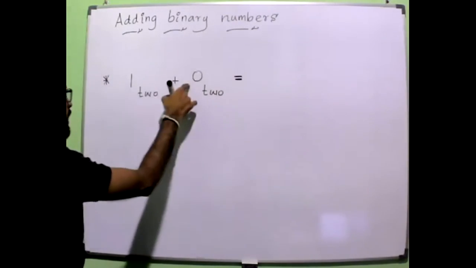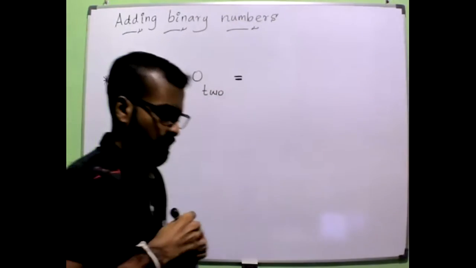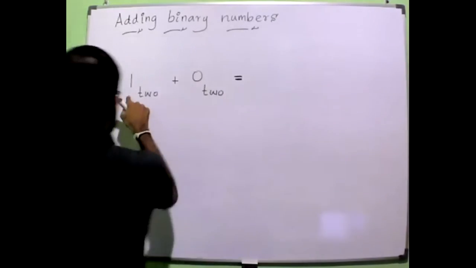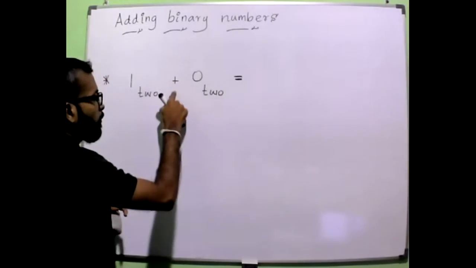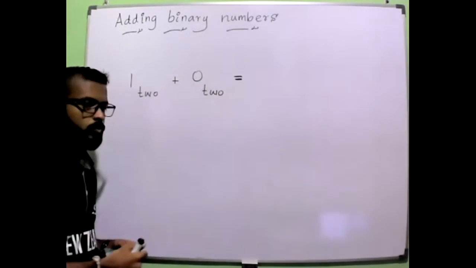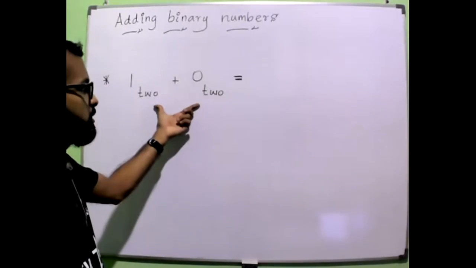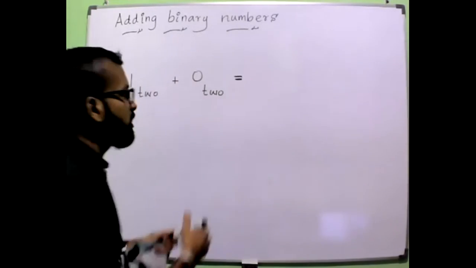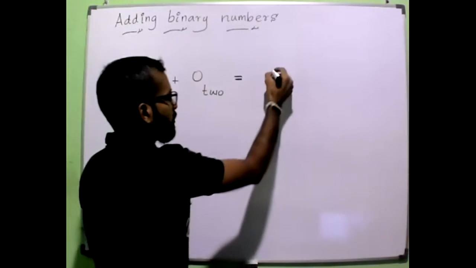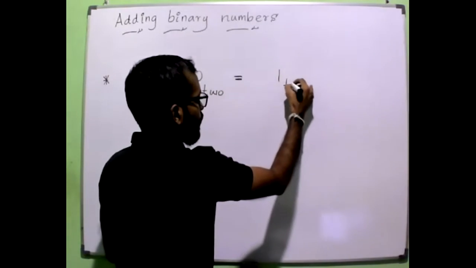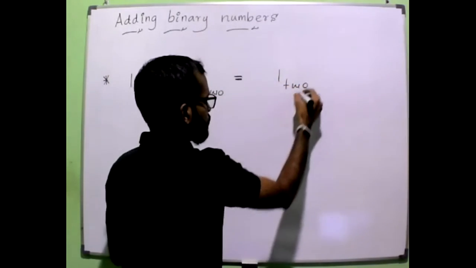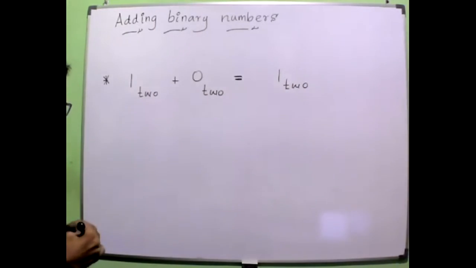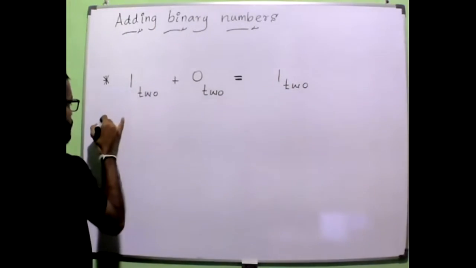If you add these two numbers together, the answer is 1 plus 0, 1.